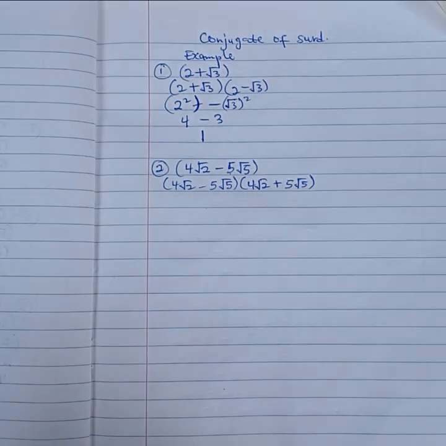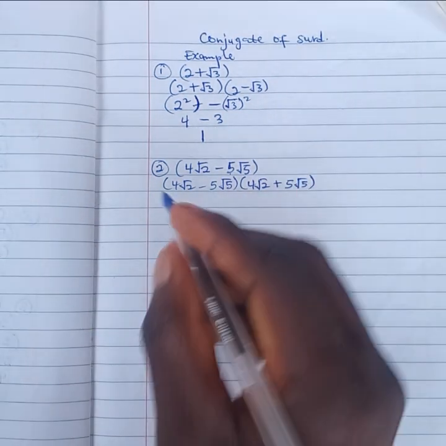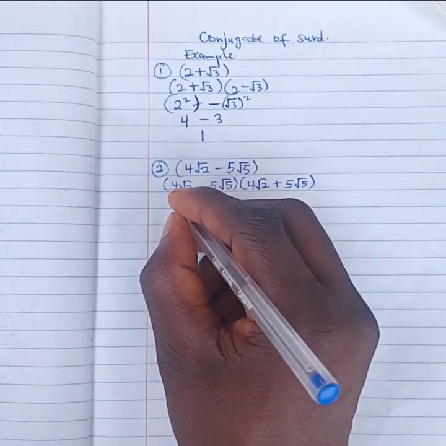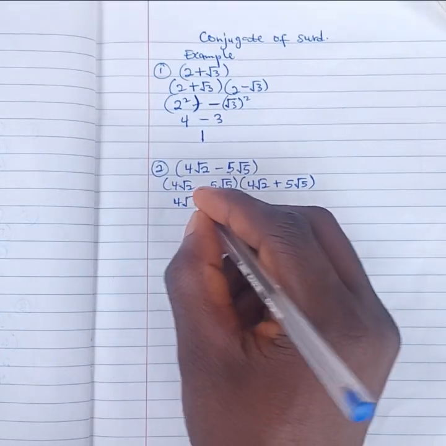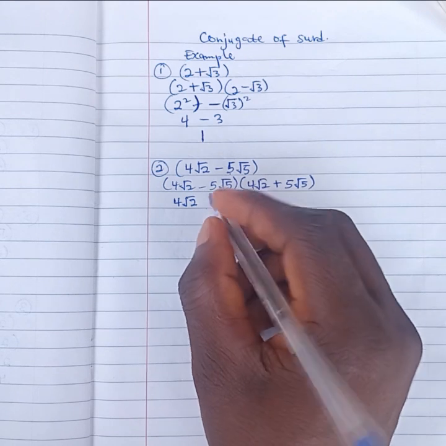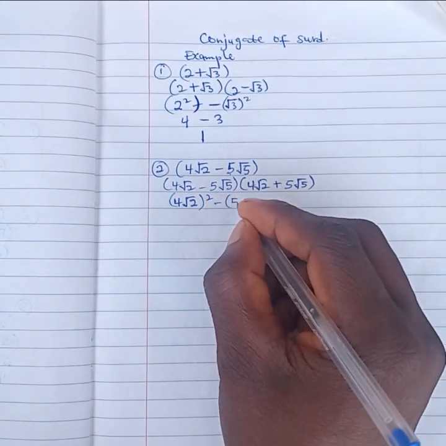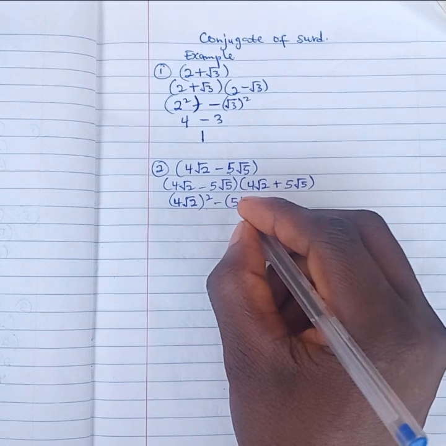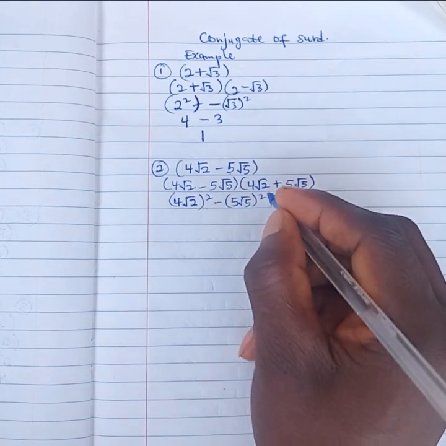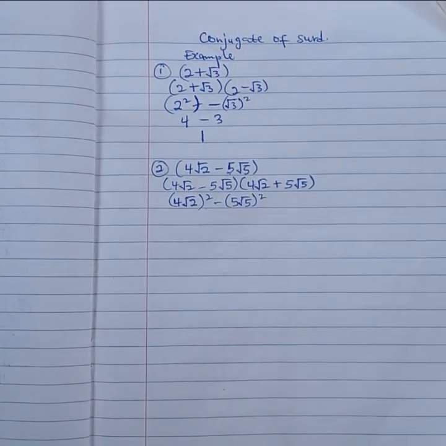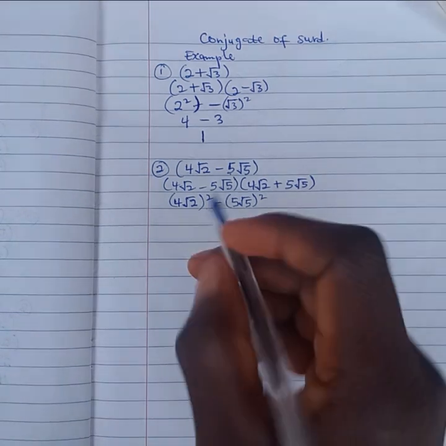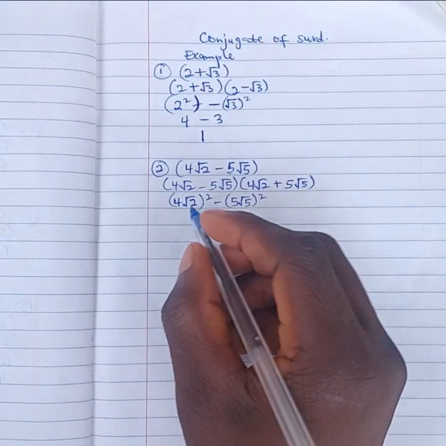You use the difference of two squares to solve this. So when using the difference of two squares, 4 square root of 2 will be squared minus 5 square root of 5 will be squared. So you need to simplify the bracket first.